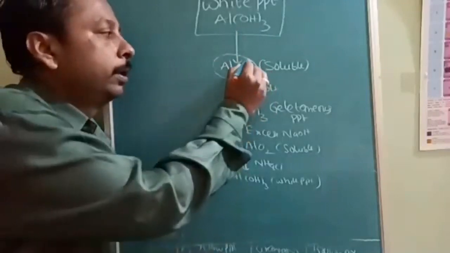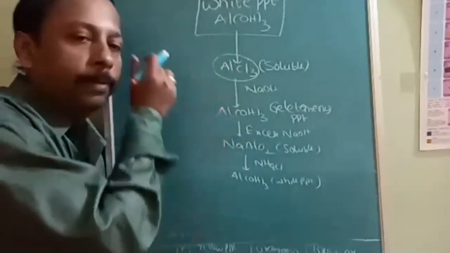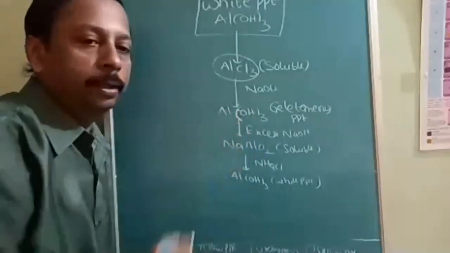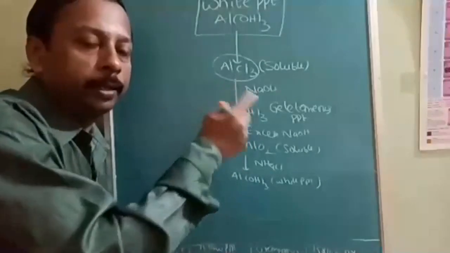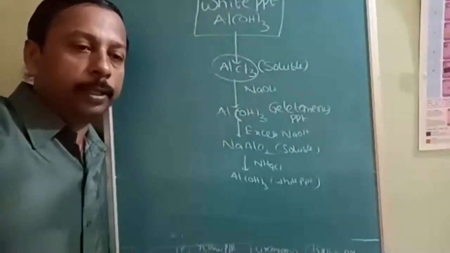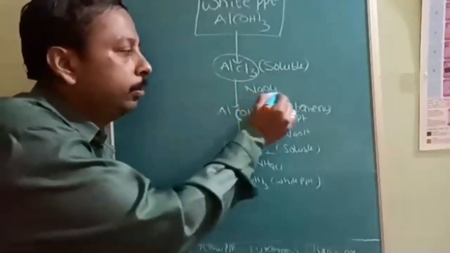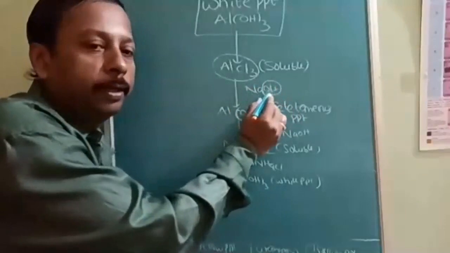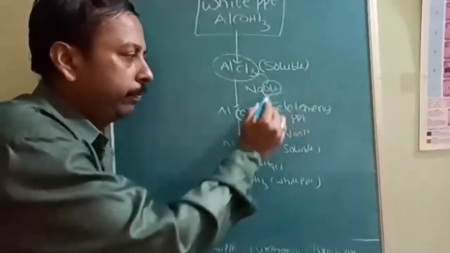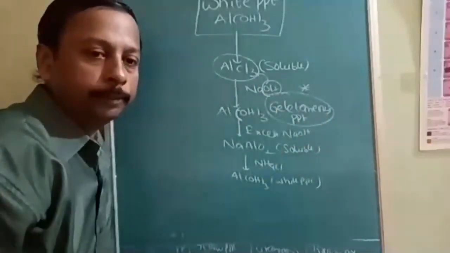In the previous one, after Cl we converted it into SCN by using NH4SCN or KSCN. But here, we use the OH minus of NaOH. All these chlorines are substituted here. Very, very, very important: gelatinous precipitate.